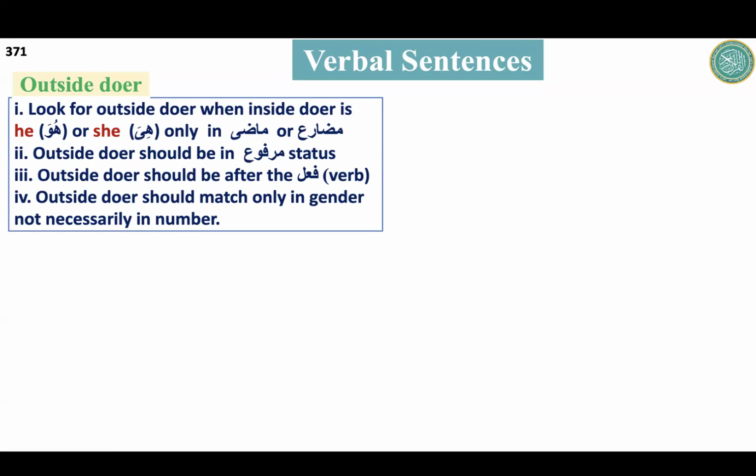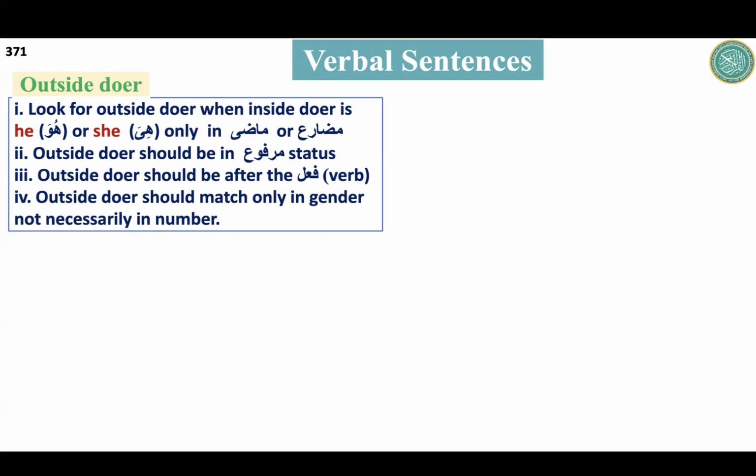Again, whenever you see a verb while translating, if the sentence starts with a verb, that is a verbal sentence. In that verb there must be an inside doer. If that inside doer is he or she, you have to look for the outside doer, and the outside doer should be in rafa status.